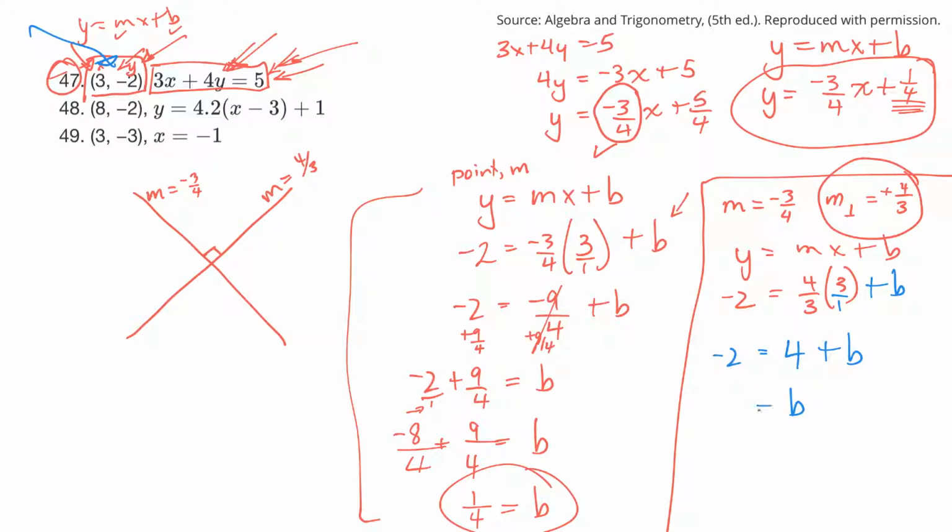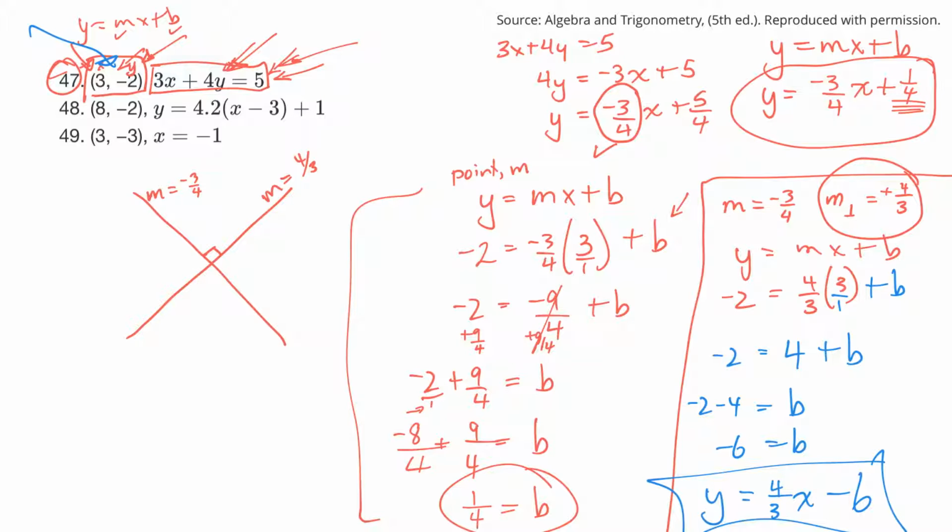Then I'll subtract 4 on both sides. And so the y-intercept for that line will be -6. So the equation of that line will be y is equal to 4/3 x, and the y-intercept is -6. That's the equation of that one.